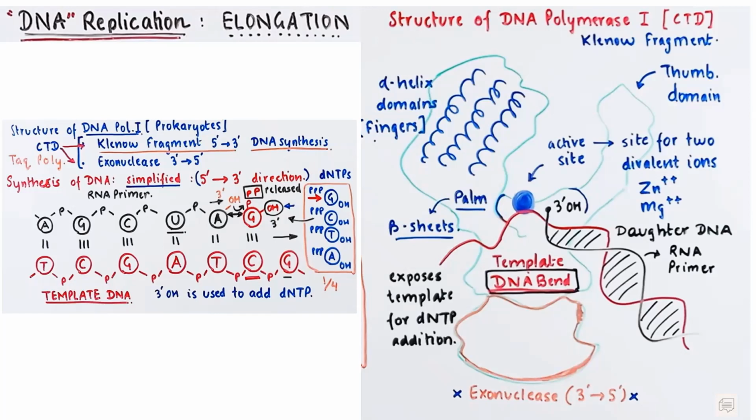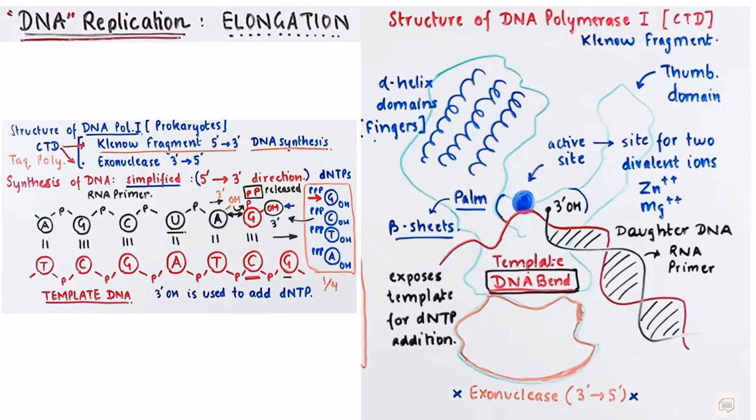So when a single strand template comes at the palm domain, it is bent at the palm domain, and the organization is such that the DNA polymerase is recruited at the palm domain, at the 3' end of the RNA primer.